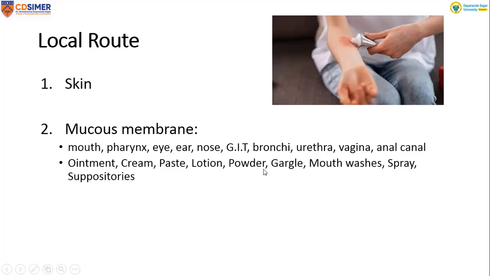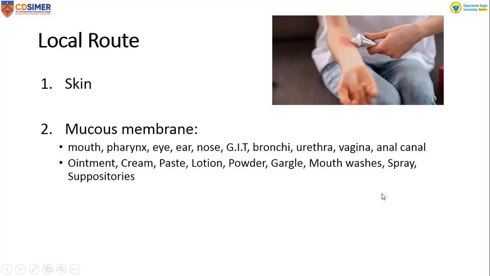Then powders can be applied. Powders can be a variety, antifungal powder, or for prickly heat we can use powders, and they may smoothen the surface area. Then gargles, especially for the mouth, teeth, and pharynx, we can go for mouthwashes again for the mouth. And sprays are available. Sprays can be applied over the skin, over the mucosa.